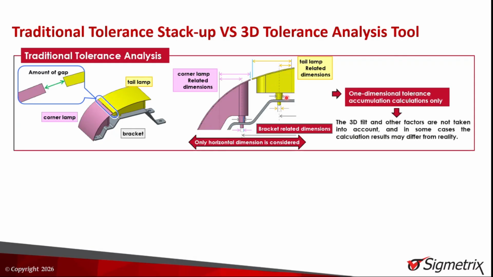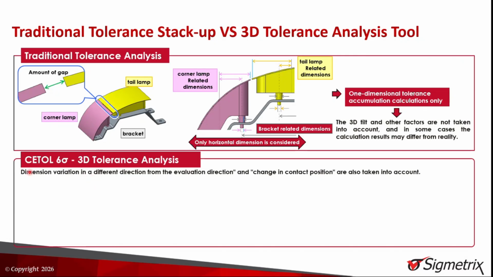If you look at these two areas, they can actually rotate left and right, or even in other directions. But in the traditional way, we only consider one direction. With this accumulation calculation, we ignore what happens if they rotate or tilt to the other side, and so on.